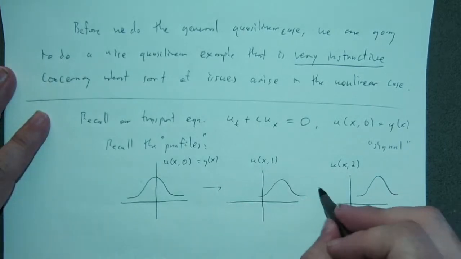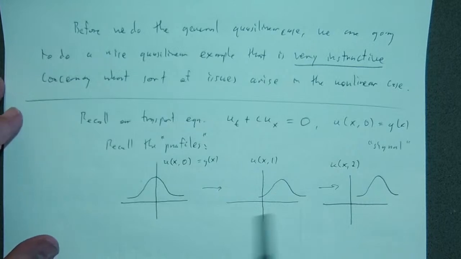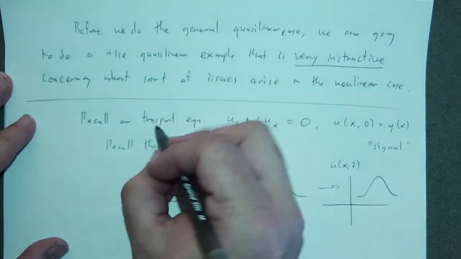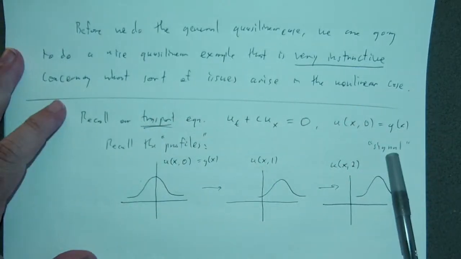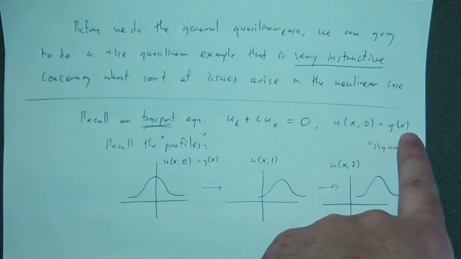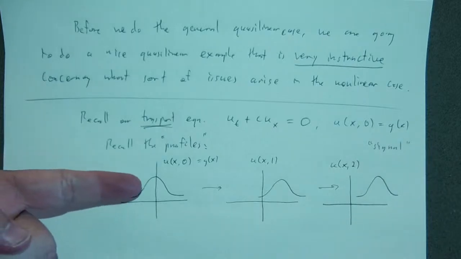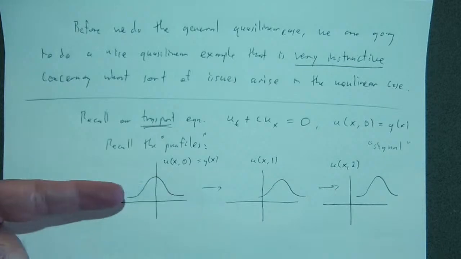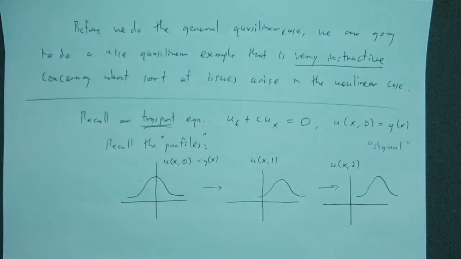And so this was the transport equation. Maybe this should have been moved a little bit further to the right. It was the transport equation in the sense that it was transporting this signal in this fashion. If I plotted a bunch more of these profiles, it takes this initial shape, specified by this function g, and it just transports this shape along at this constant speed. The c was the speed of the transporting. Okay.